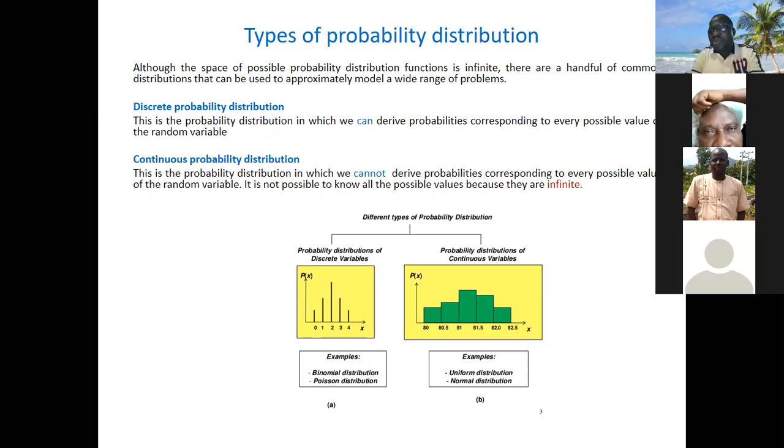Once you remember our classification of variables into discrete and continuous variables, the discrete probability distribution is the probability distribution for discrete variables. Continuous probability distribution is the probability distribution for continuous variables.